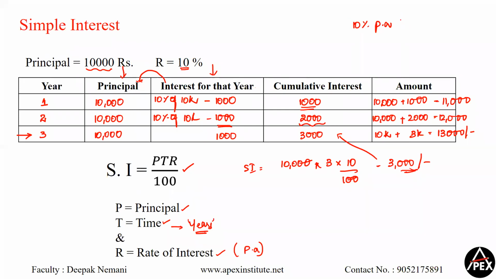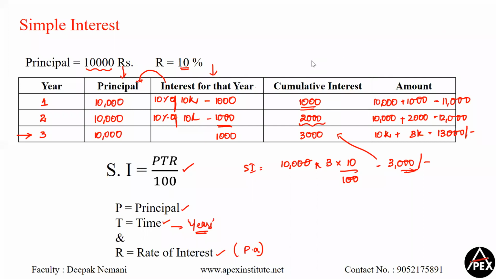If the rate of interest is given in terms of months, for example 1% per month, then you have to consider time in months. Clear, guys? Quick responses. Is this clear? Let's move ahead and solve some questions on simple interest now.